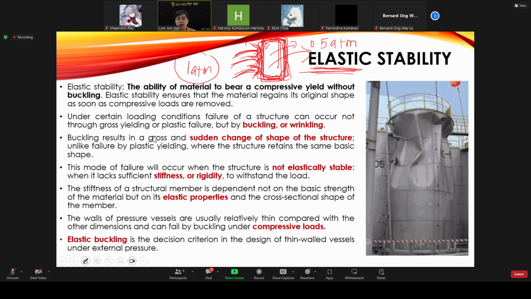This is the importance of the elasticity of the material of the pressure vessel that we are going to use to operate the pressure safely.